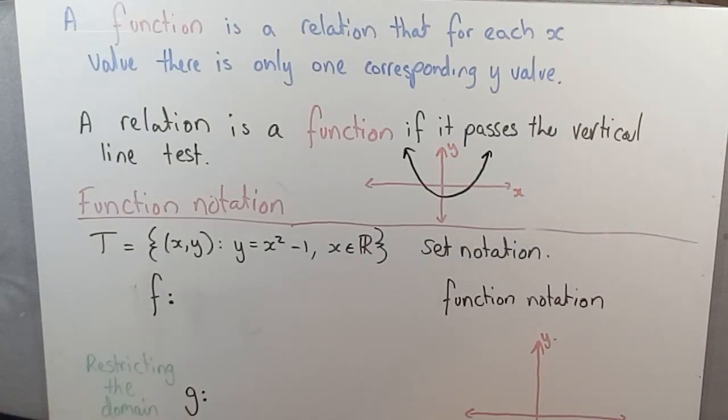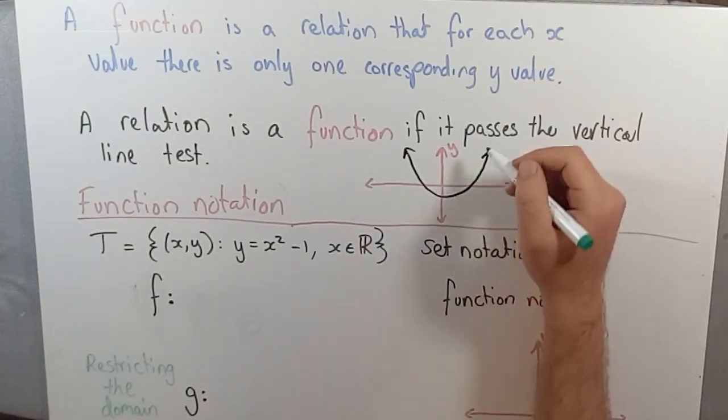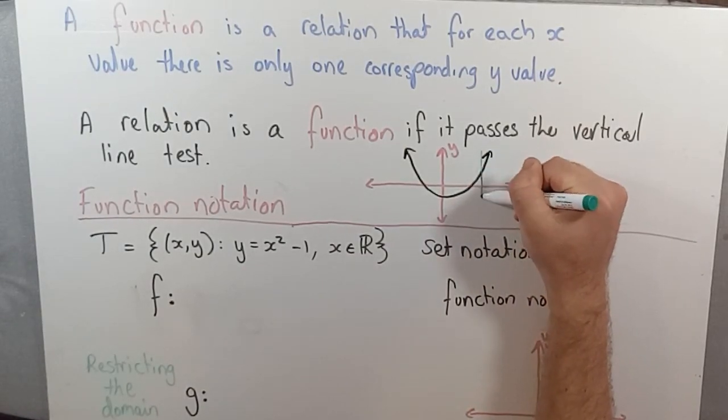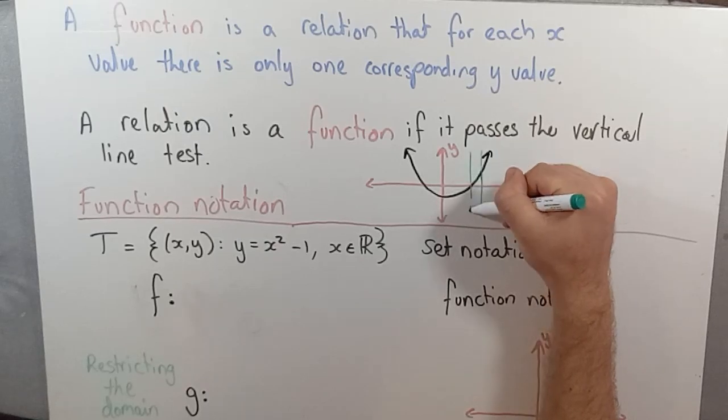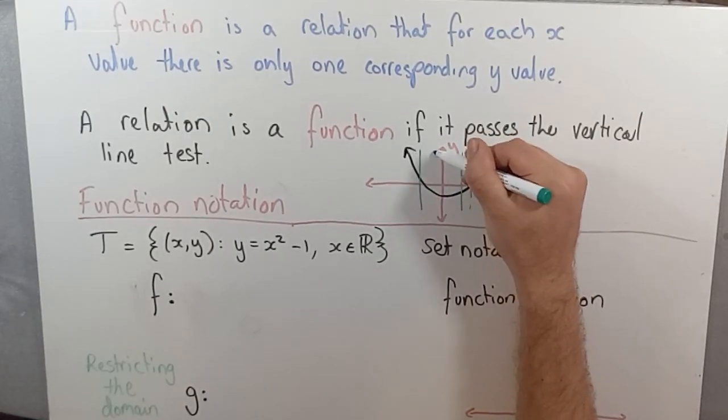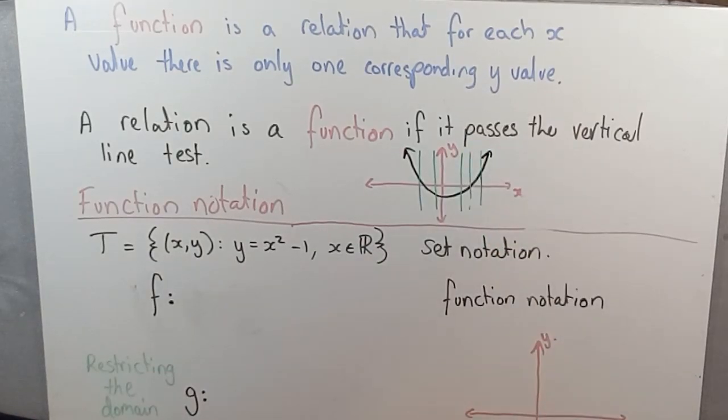Now the vertical line test means, can I draw any vertical line, and it only ever touches the graph once? So it only cuts the graph once, any vertical line I can draw. If I can draw one vertical line that cuts it twice, then it's no longer a function. It must be a relation, but this one is definitely a function.